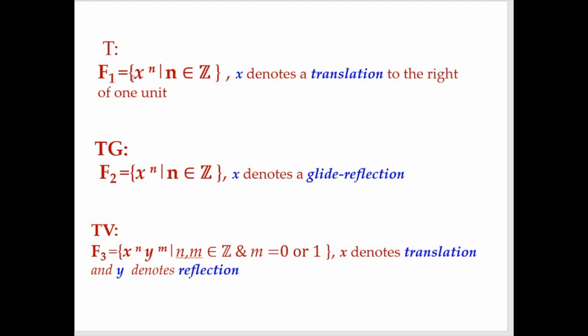So the set of all x raised to n, where n is an integer, where x denotes the translation to the right of one unit. This is how we can represent F1. And F2 is represented in this way, where x denotes a glide reflection. Now we said already that there should be translation and glide reflection, but when I just write glide reflection, then that is not allowed.